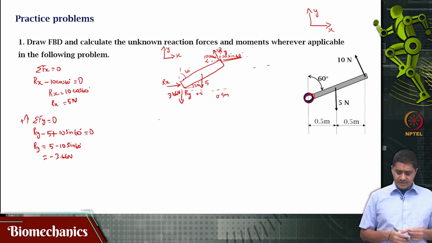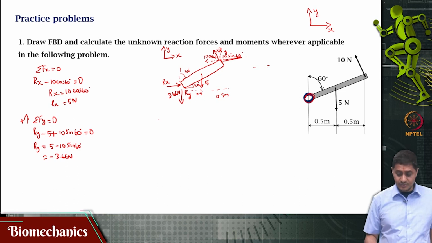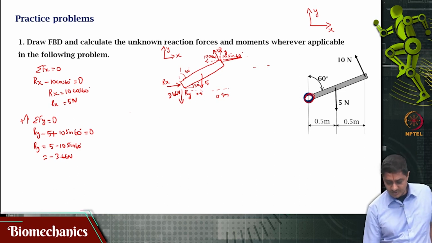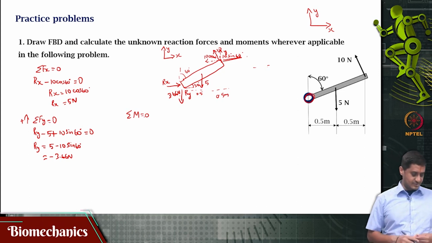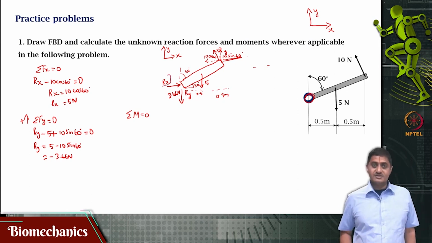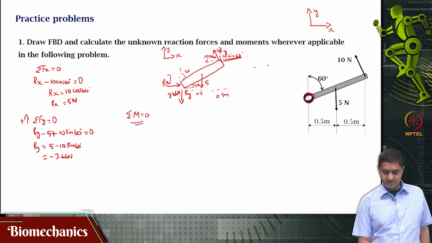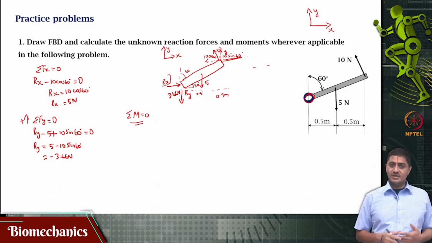Also, you do not have to solve for all the equations of static equilibrium, because we know this is a planar problem, a 2D problem. We also know that there is sigma M equal to 0, right. You do not have to solve for sigma M equal to 0, because the number of unknowns in this case is only 2. Rx and Ry are the only 2 unknowns, and you can solve this by using 2 equations of equilibrium.